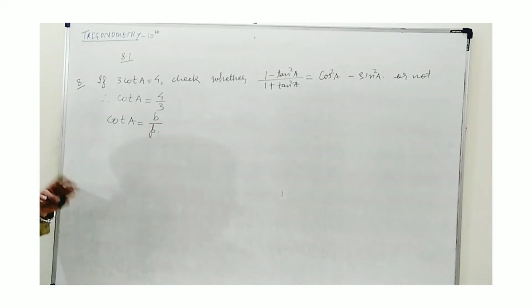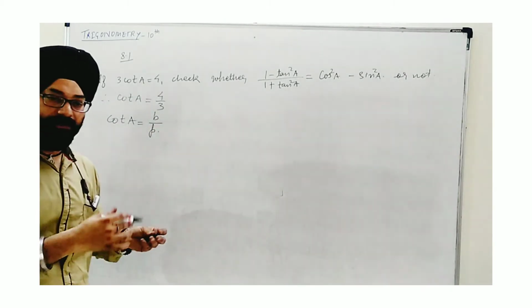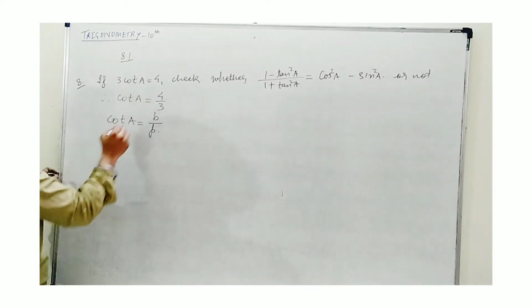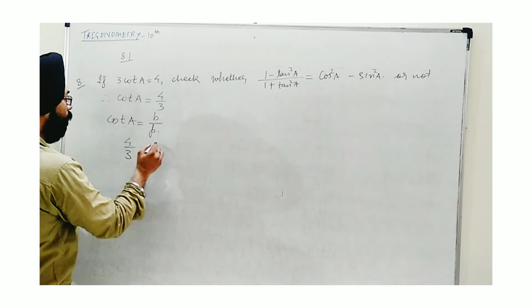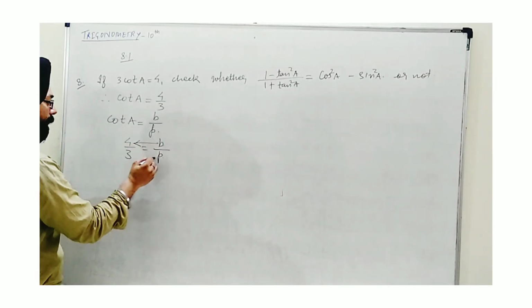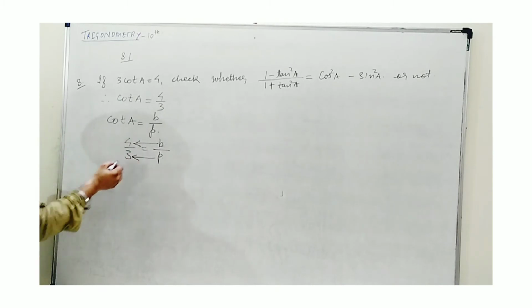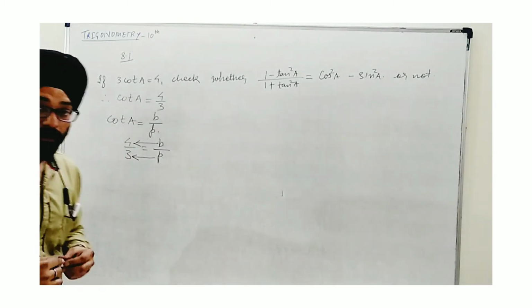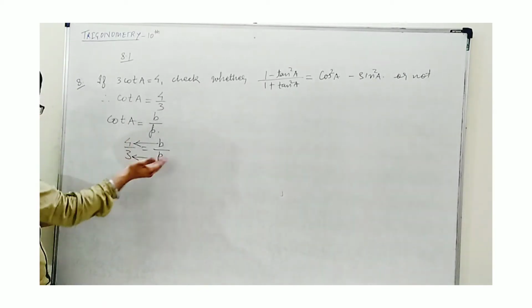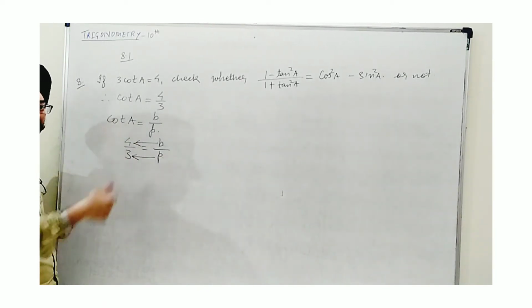Don't forget, wherever I am using here no condition, no triangles given, so directly we can write the ratio as base upon perpendicular. So for the given value 4 by 3, B upon P is equal to 4 by 3. B can be considered as 4, P as 3. And once again I want to remind, these are not exact values of base and perpendicular. This is just for convenience we are using this method. I am not taking common factor of them.